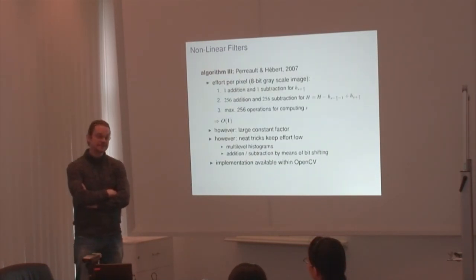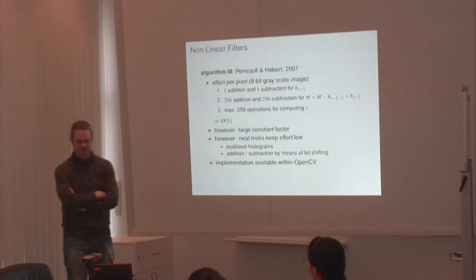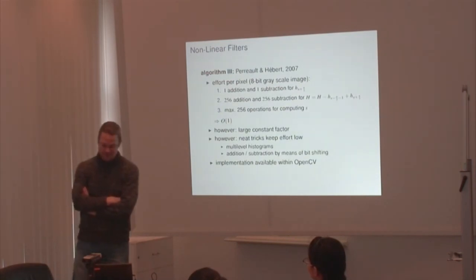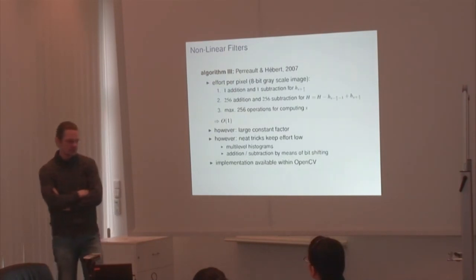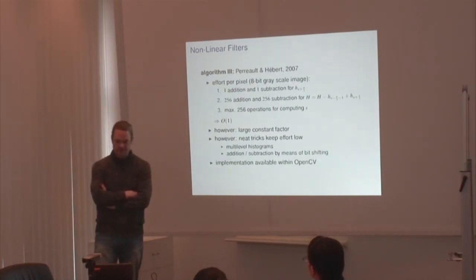Yes, we can. And we will study that next week. It turns out that this is really possible, but that again requires advanced thinking. And so we'll study the problem of how to do Gaussian filtering in O of 1 next week.